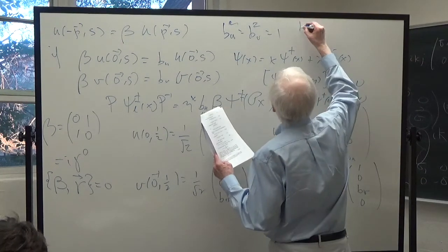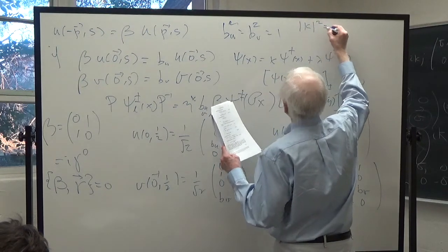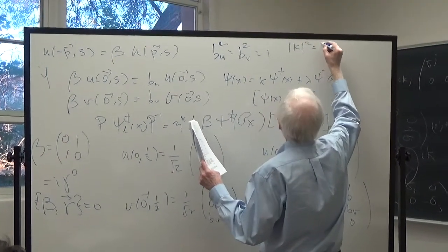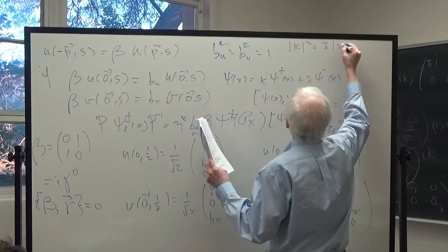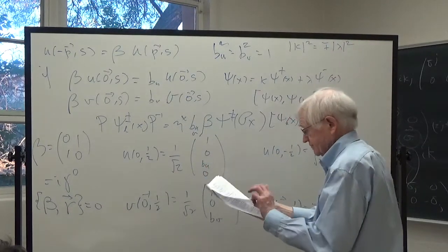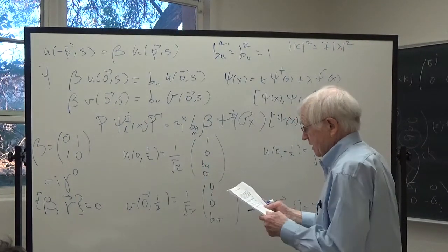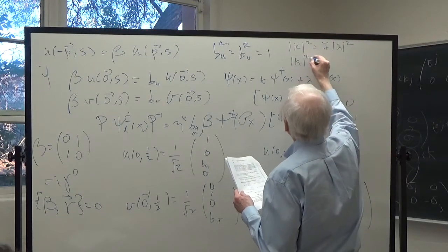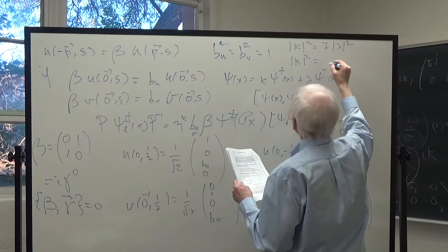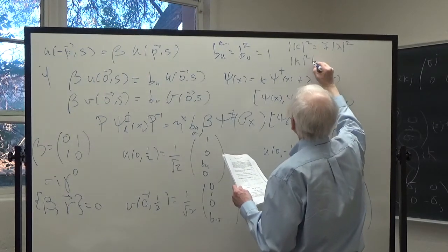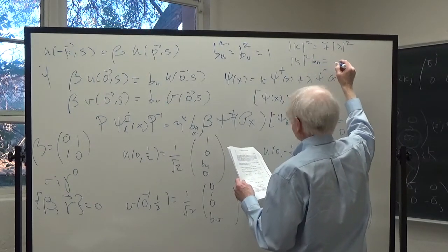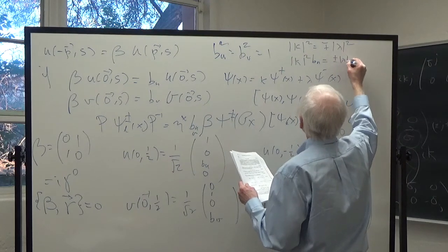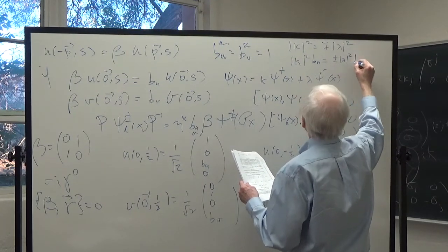What you need is that kappa squared is minus or plus lambda squared. You also need that kappa squared times BU is equal to plus or minus lambda squared BV.